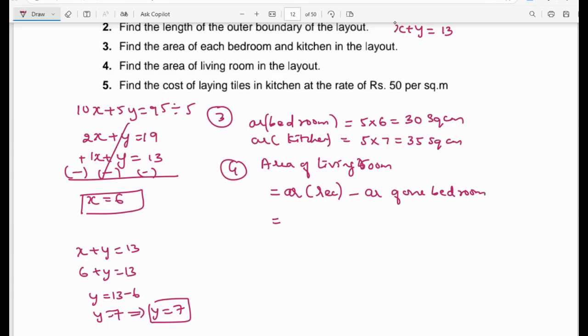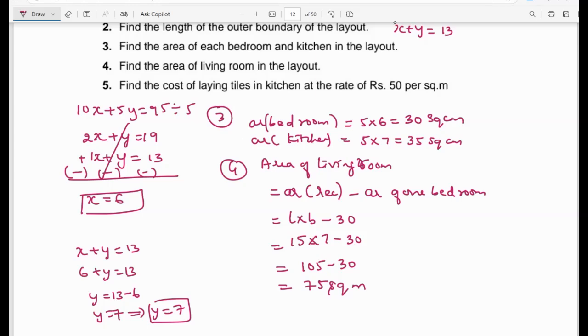That will be length into breadth minus 30. So here length into breadth, area is 15 into 7 minus 30. So 105 minus 30 will be 75 square meter. So area of a living room is 75 square centimeter.